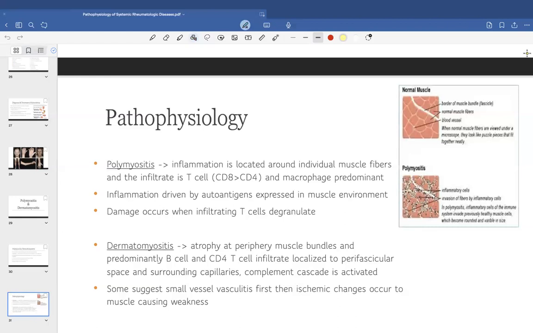In dermatomyositis, because it involves the fascicles, it's around, it's in the capillaries, and you get this complement activation that's going to trigger this inflammatory response. Some theorists at this point seem to think that a very small vessel vasculitis occurs first.